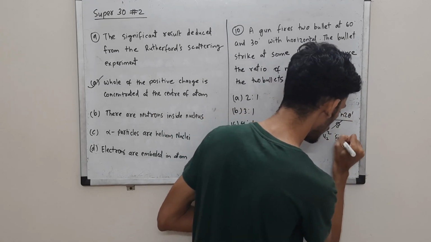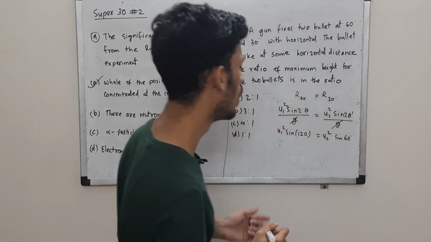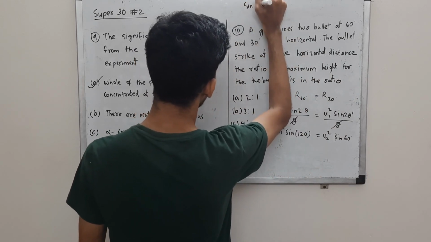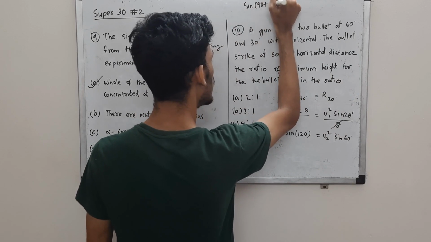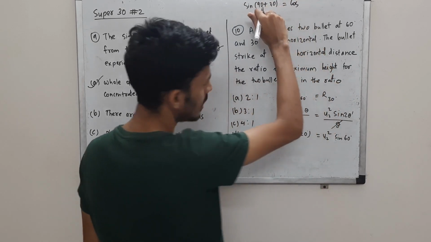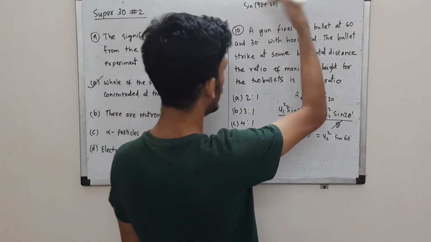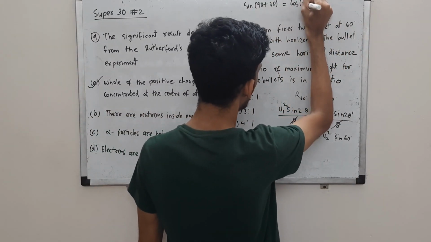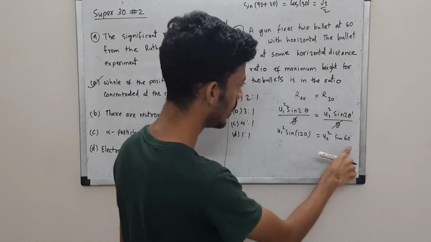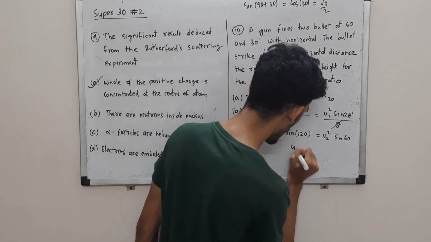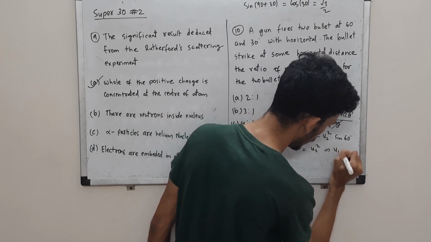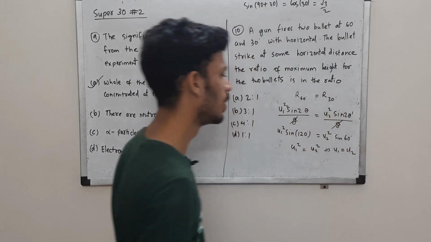Sine of 60 is root 3 by 2, and sine of 120 can be written as sine of 90 plus 30. Sine of 90 plus 30 is cos 30, since sine is positive in the second quadrant, which is root 3 by 2. So both of these are root 3 by 2, which means u1 square is equal to u2 square, or simply u1 is equal to u2.